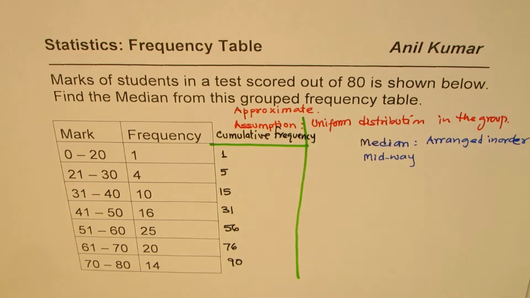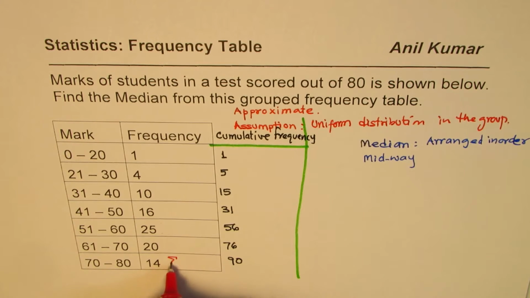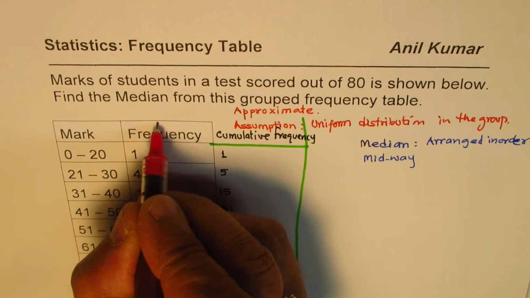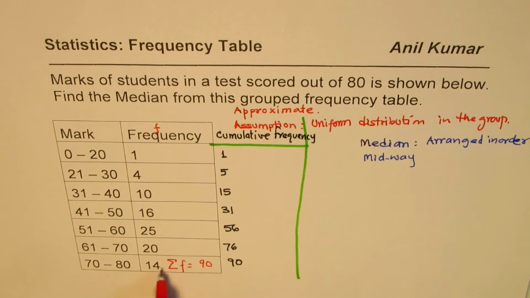So in a way, we have also calculated the sum of all these. Sigma of all these frequencies is actually equal to 90. So if f is the frequency, the total is 90, which we get from the cumulative frequency.